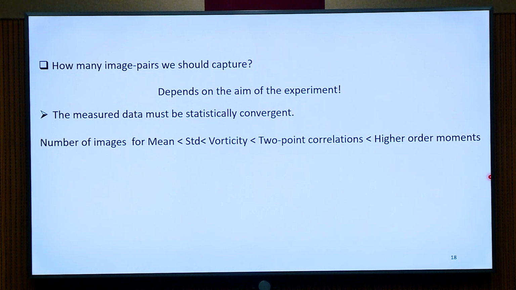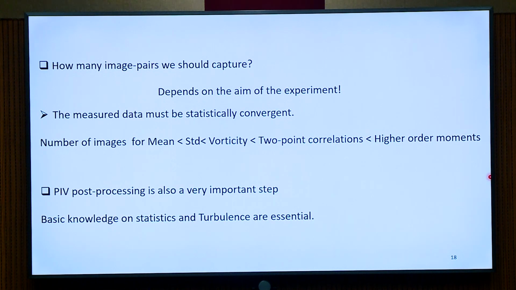So basically, as you go towards higher order moments, you need more and more images. But for all cases, you must check the statistical convergence. So how to check? First you consider a certain number of images, let's say 500 images, then calculate the statistics, then 1000 images, 2000 images. So go on doing like this till you get convergence. Then you know that, okay, this many images I need.